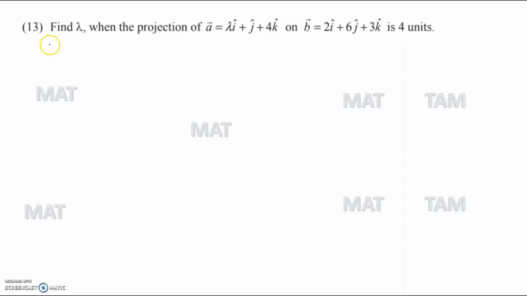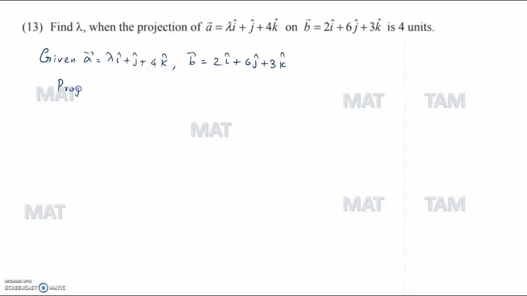Question number 13. Find lambda when the projection of vector A on vector B is 4 units. So given vector A is equal to lambda i cap plus j cap plus 4k cap, and vector B is equal to 2i cap plus 6j cap plus 3k cap.